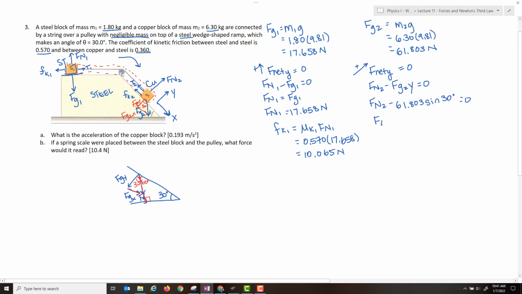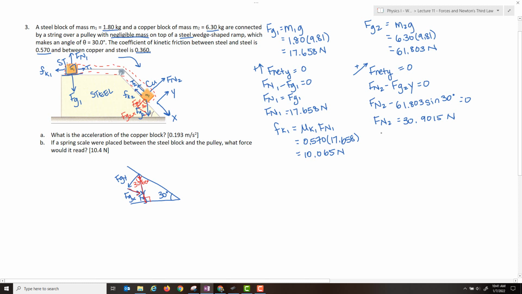So now I can solve for F normal 2 by taking the 61.803 sine 30 to the other side, so it becomes positive, and I'm going to just type that onto my calculator. And I get 30.9015 newtons.